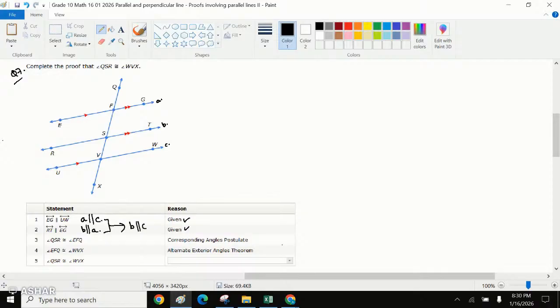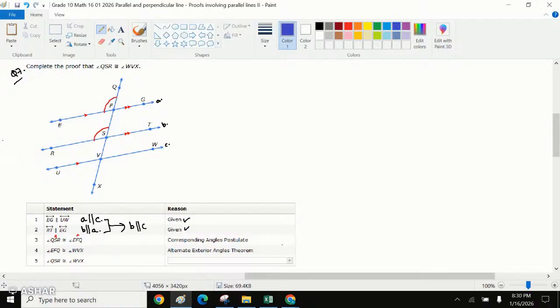Moving with the next condition. The next condition in the question says QSR and EFQ. Let's see where is QSR. QSR, EFQ.